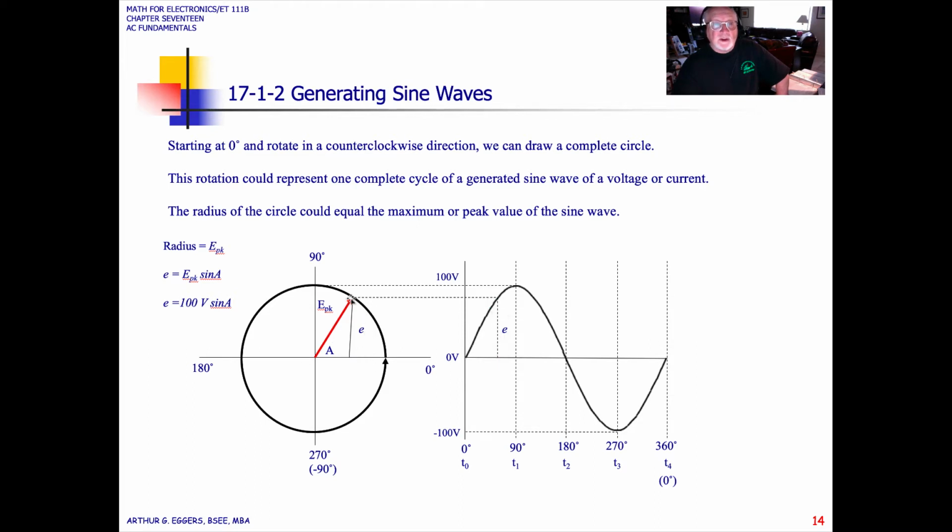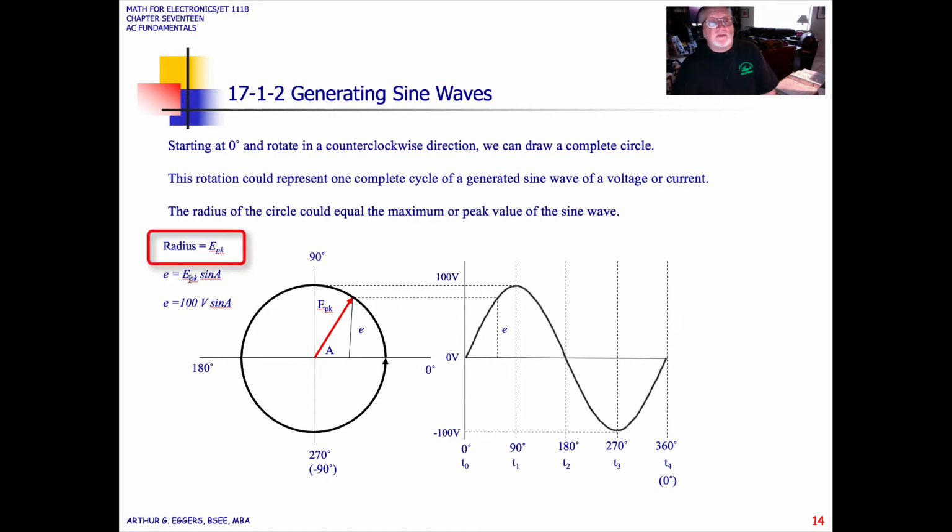And what I mean by the projection is this, where we have E, is actually a projection from the y-axis. So how would we determine what the instantaneous voltage would be, the little e?